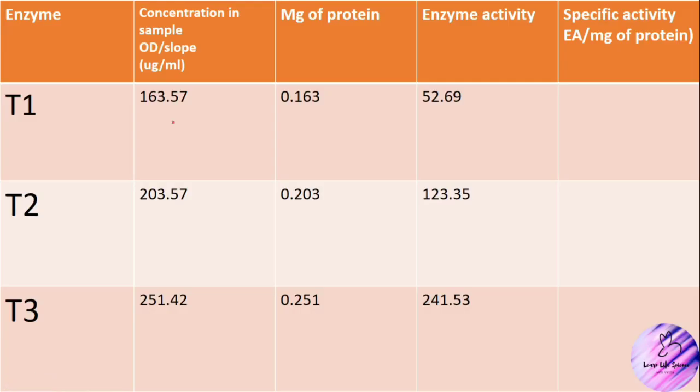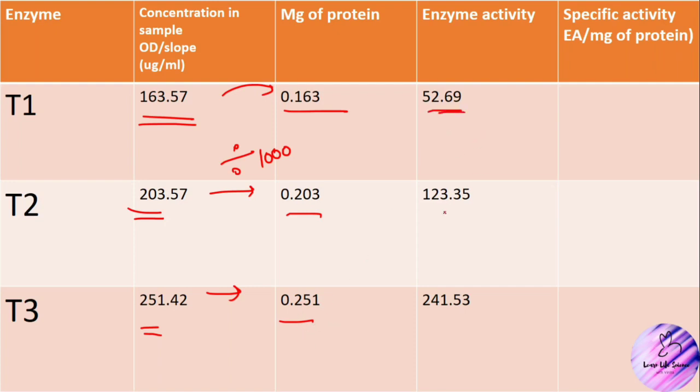For converting it into milligram, you will simply have to divide it by 1000. You will have 0.16, 0.20 and 0.25. This is the milligram of protein in the reaction mixture.